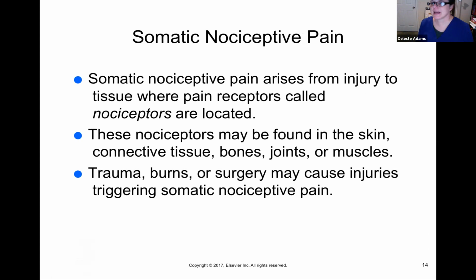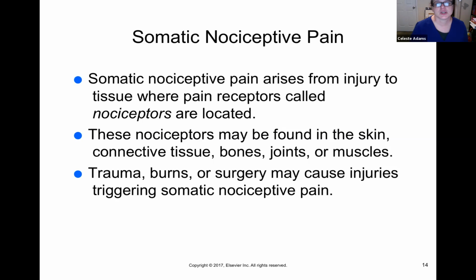Somatic nociceptive pain. Nociceptive pain is pain coming from either a visceral source or a somatic source, straight from an organ or straight from a body tissue. Somatic nociceptive pain arises from injury to tissues where pain receptors called nociceptors are located.